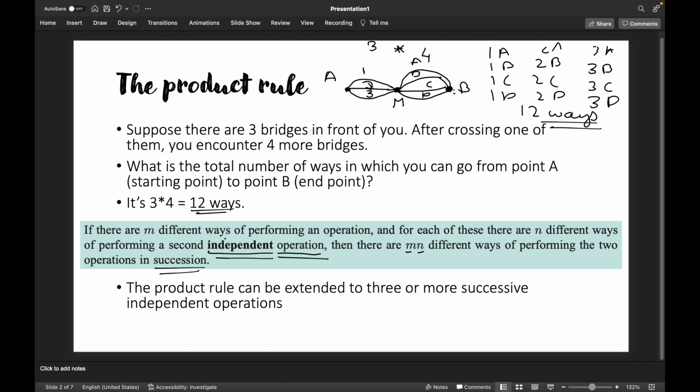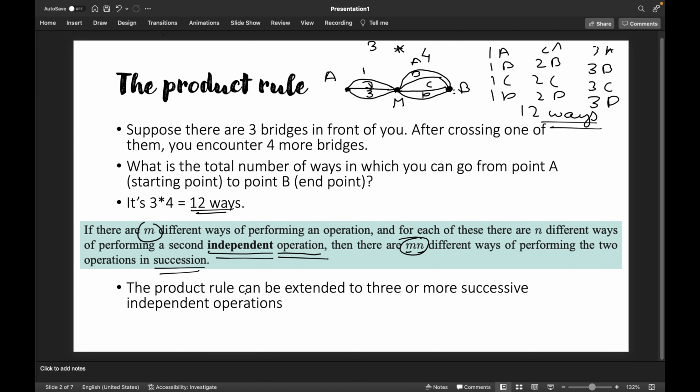So that's the principle. If you do m different operations, and then after which you perform n independent operations, then the different number of ways of performing the operations is m into n. So that's the logic, or that's the statement.